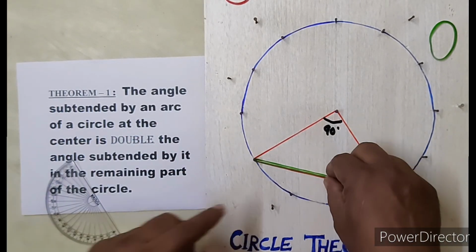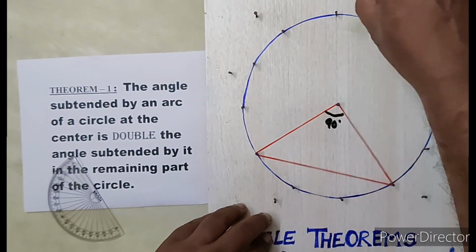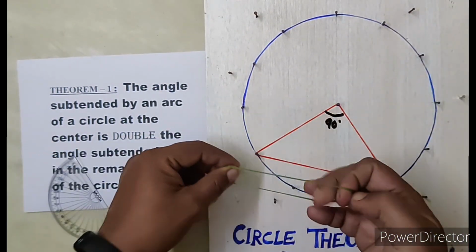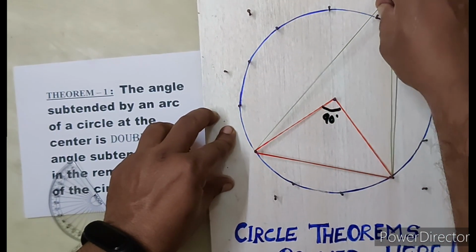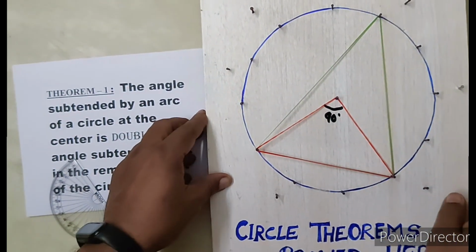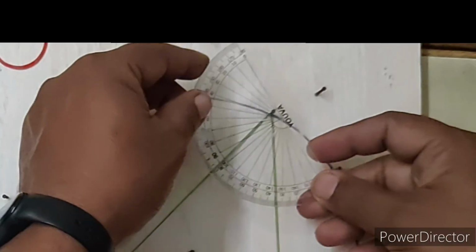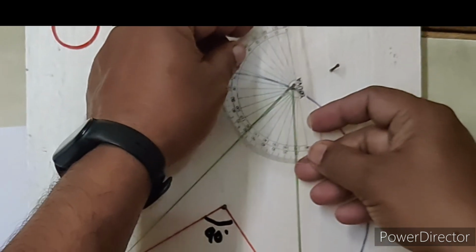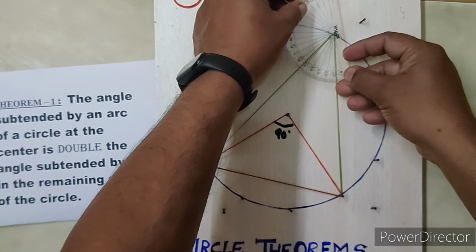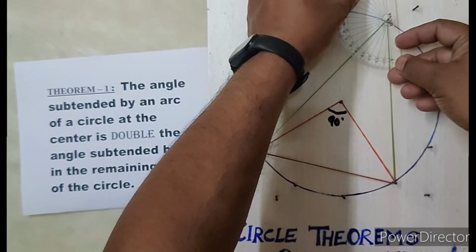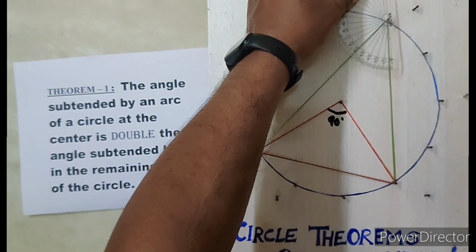Now from here only, if I take an angle at the remaining part of the circumference and measure this angle, you can see it is coming here as 45 degrees.